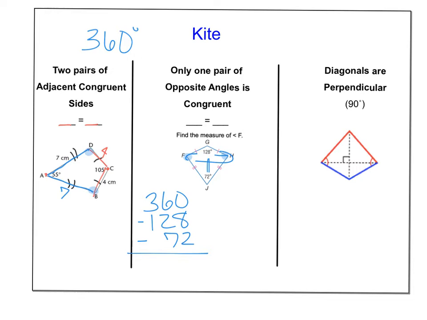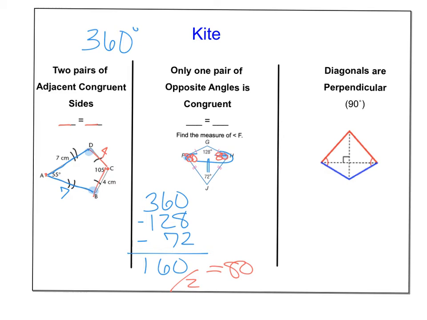So if I do the subtraction, I get 160 degrees remaining. Now, that means that between angle F and angle H, we have 160 degrees. So I'm going to then divide this by 2 to get 80 for each of these angles. All right, so again, they're congruent. We have only one pair of opposite congruent angles.